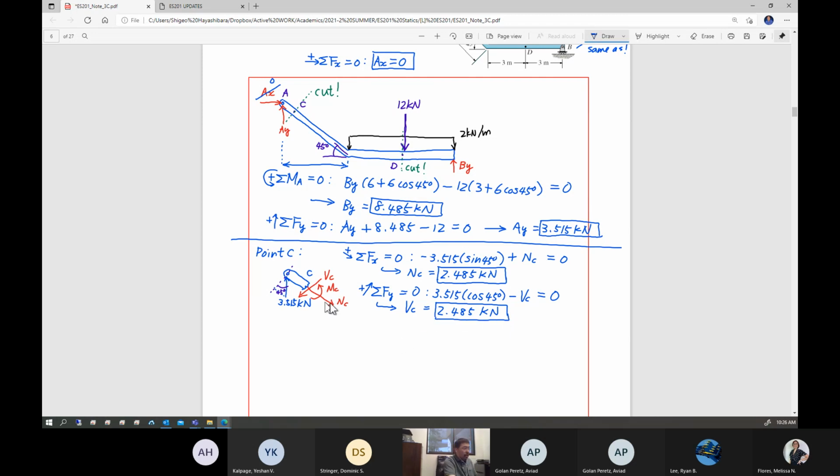Okay. And then, if you take summation of the moment, let's say this is a positive direction of moment, taken at location C, set equal to 0. Right here is location C. If you do that, obviously MC is a positive value.